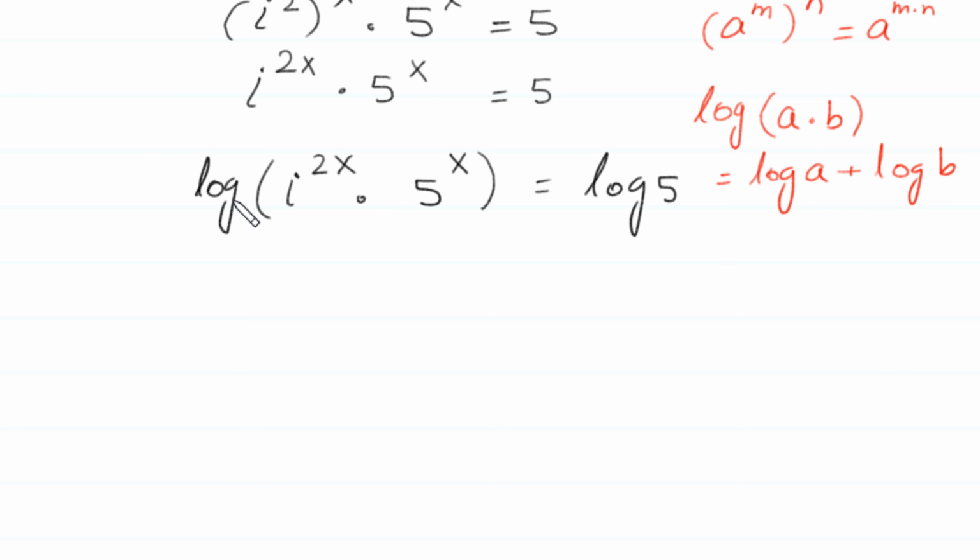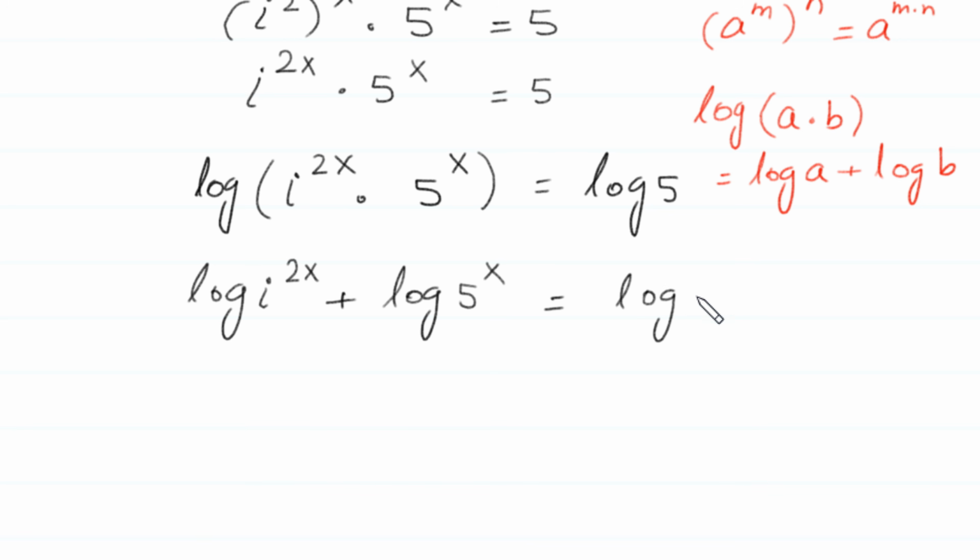You can write this log of i to the power 2x times 5 to the power x as log of i to the power 2x plus log of 5 to the power x is equal to log of 5.